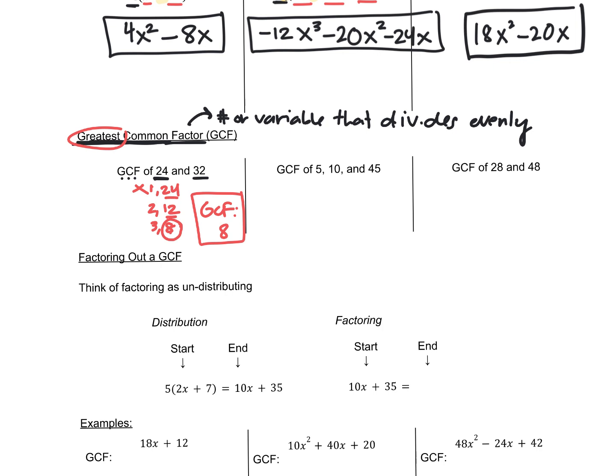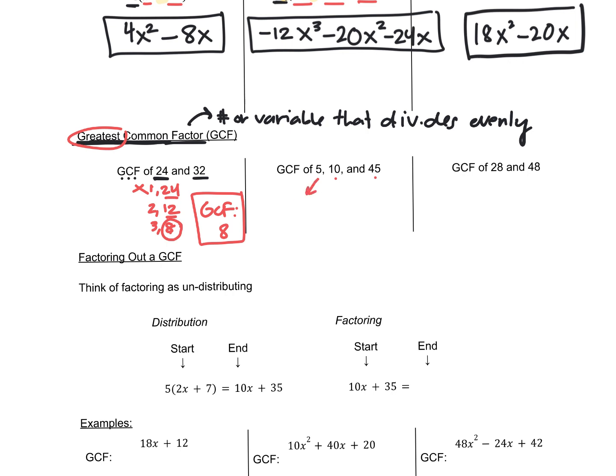Okay, let's check our next one, 5, 10, and 45. So again, we're looking for the greatest number that divides into these numbers. So if I'm looking for the GCF of 5, 10, and 45, the biggest it could possibly be is essentially like the smallest number. So that's the one I'm going to start with. So I'm going to start with 5 and list off some factors.